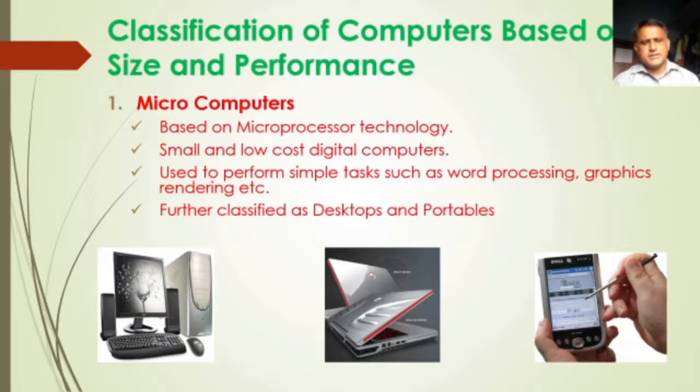The portables can be divided into laptops and palmtops, the two categories. A laptop is a small computer which fits on a human lap. It can be kept on the lap of a human being and worked on. It weighs from 1.7 kilograms up to 5 kilograms.